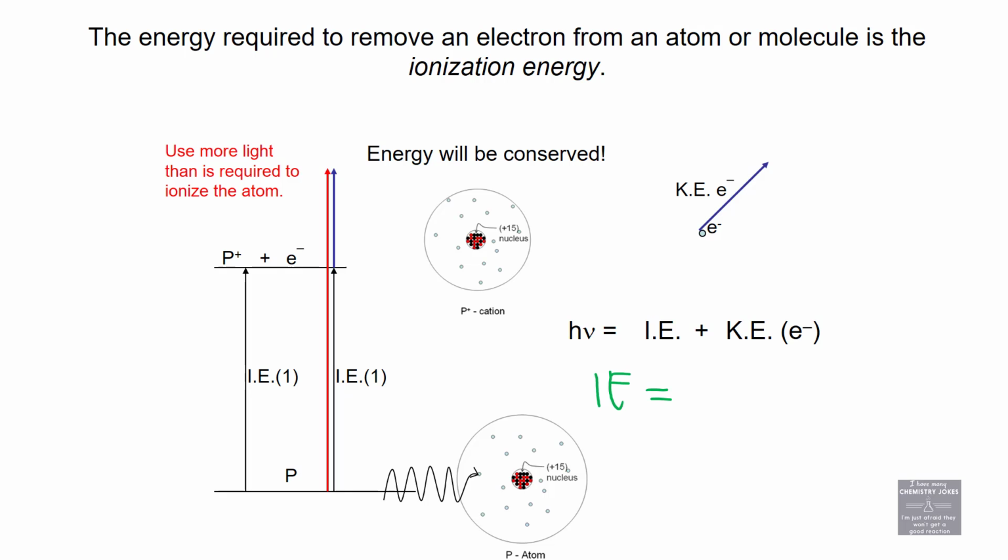So ionization energy is equal to the photon energy minus the kinetic energy of the electron that's being ripped. Yeah? That's how I can determine ionization energies of tons of atoms, tables and tables of atoms, ionization energies.